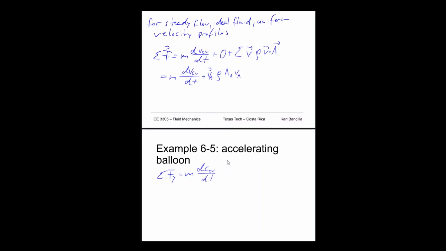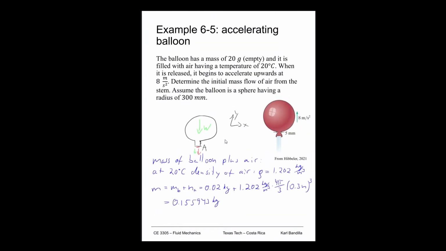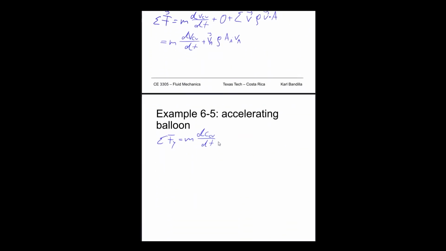Now our VA vector is pointing downward, our y is pointing upward, so it'll be negative, minus VA rho times AA VA, right? That's positive because they're both going in the same direction. All right, so can we simplify that somehow? We can pull that V out, I guess, right?